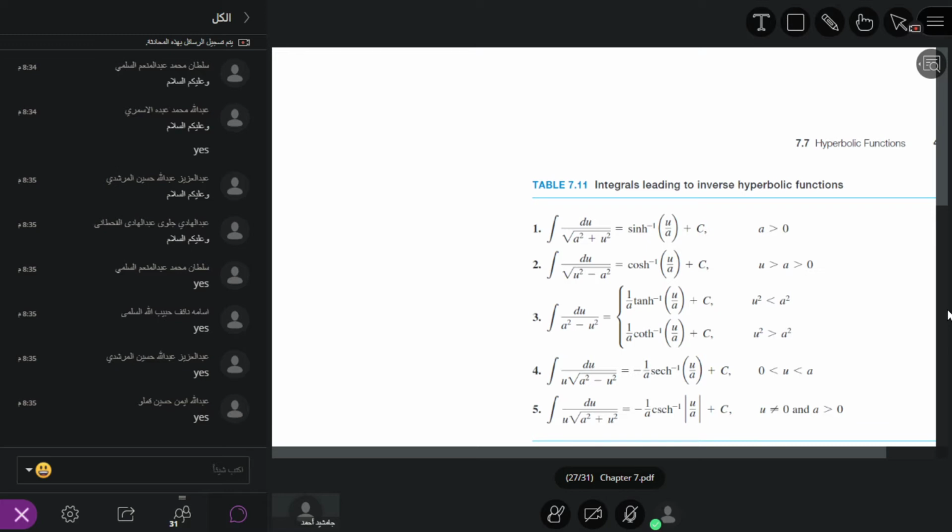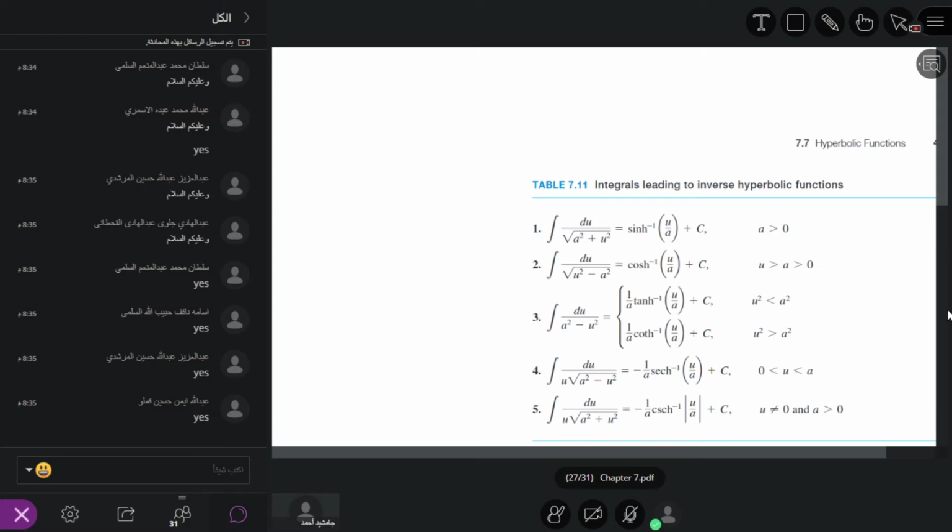Thus we get du equal to 2 dx, and a is equal to square root of 3, because if we square it we get 3. So the given integral in terms of u and a is the following.